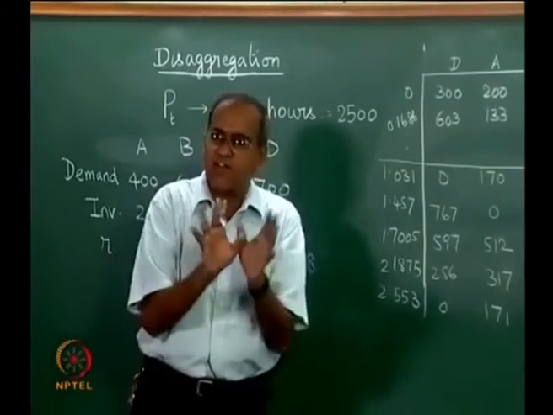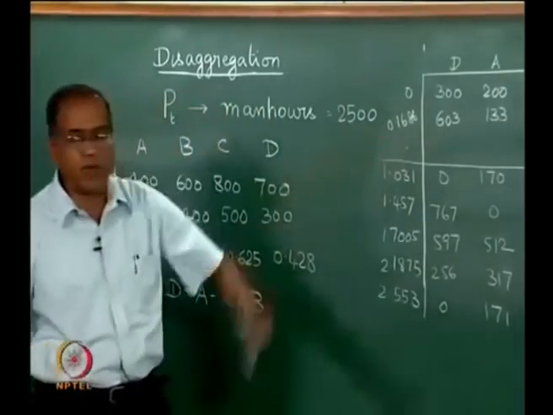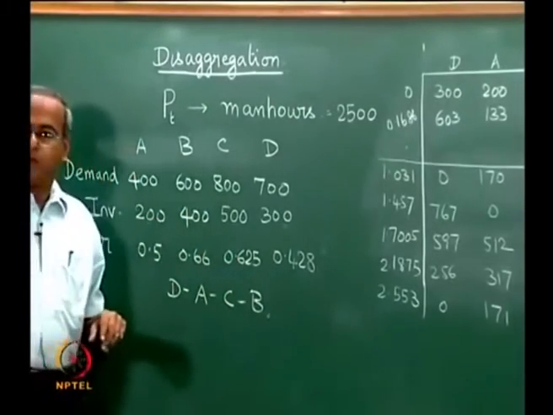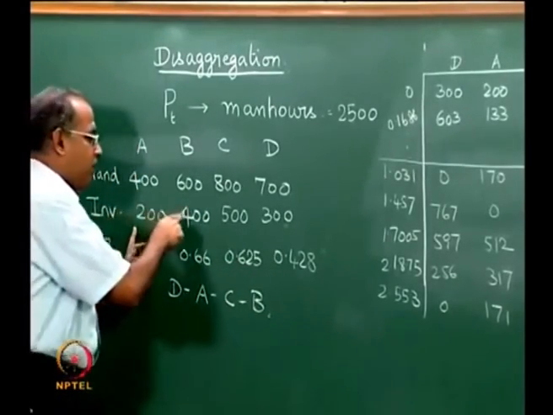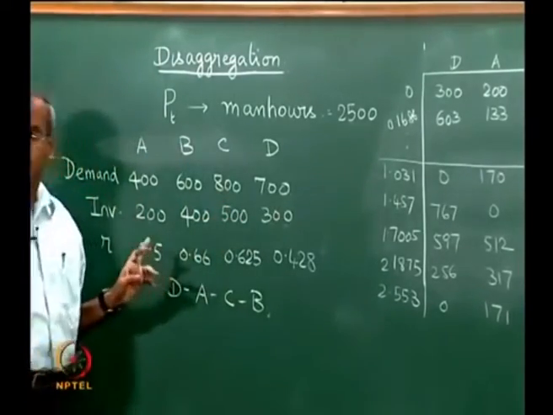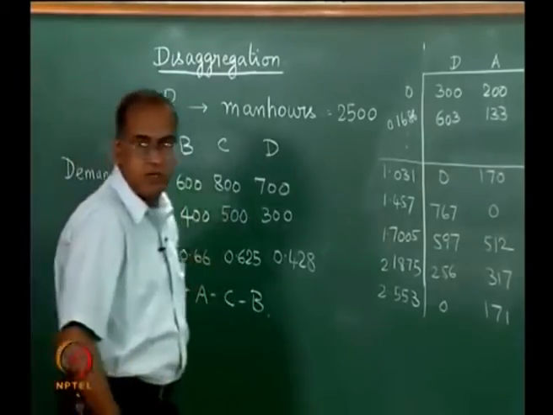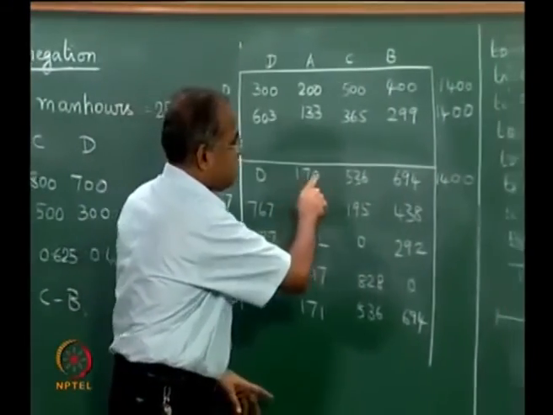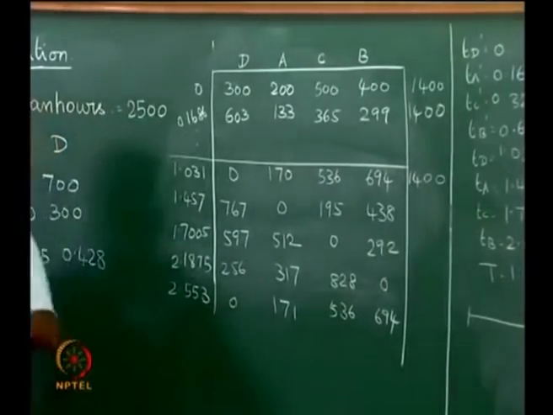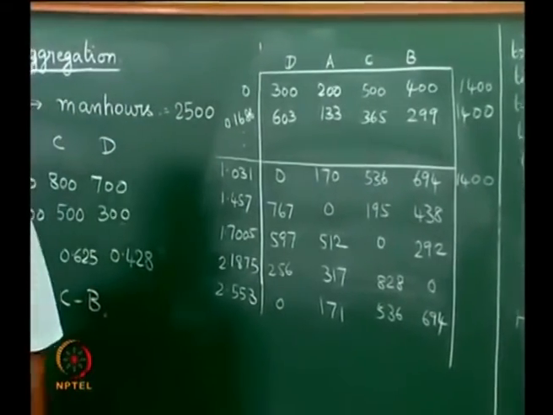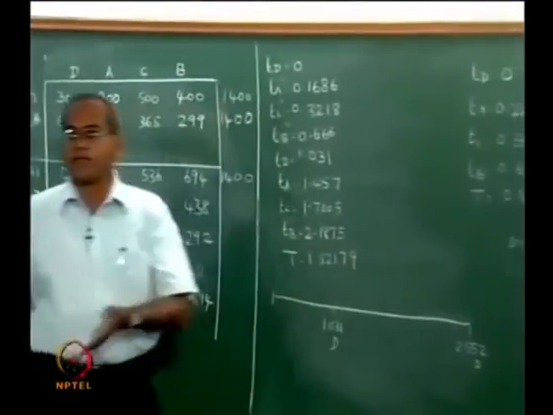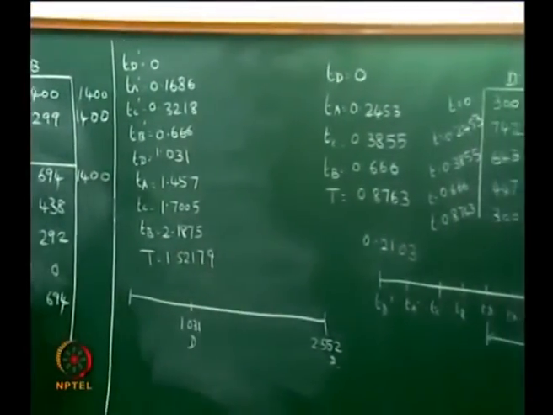So what we have effectively done is, through the second problem, we have redistributed this 1400 which was at 200, 400, 500, 300. Now that has been redistributed to 0, 170, 536, 694 to add up to 1400, so that the cycle time T can be made as large as possible.